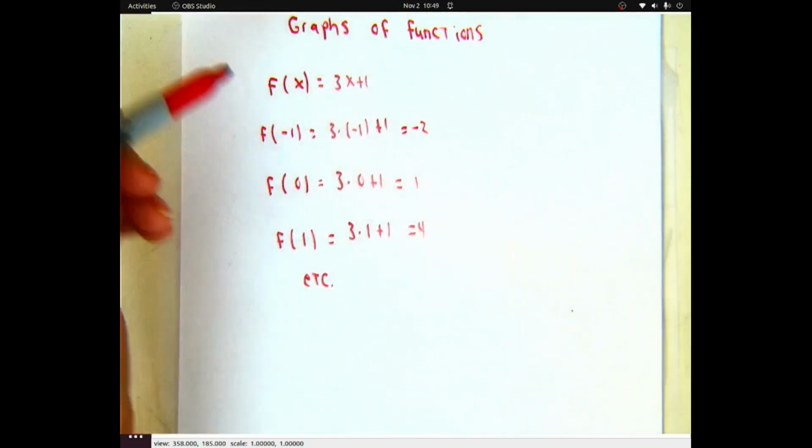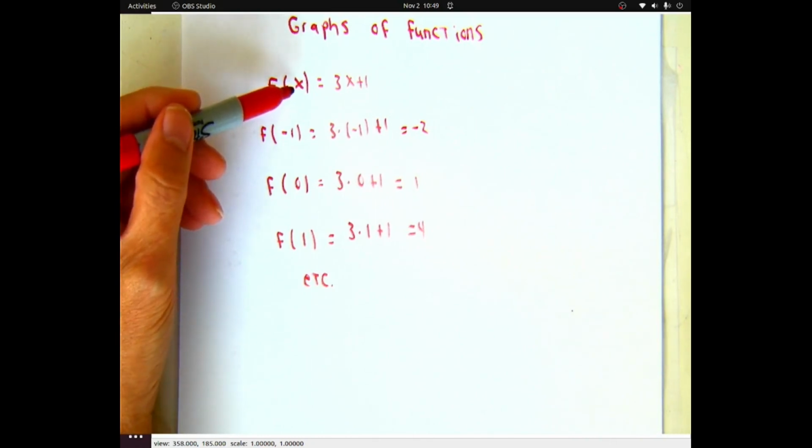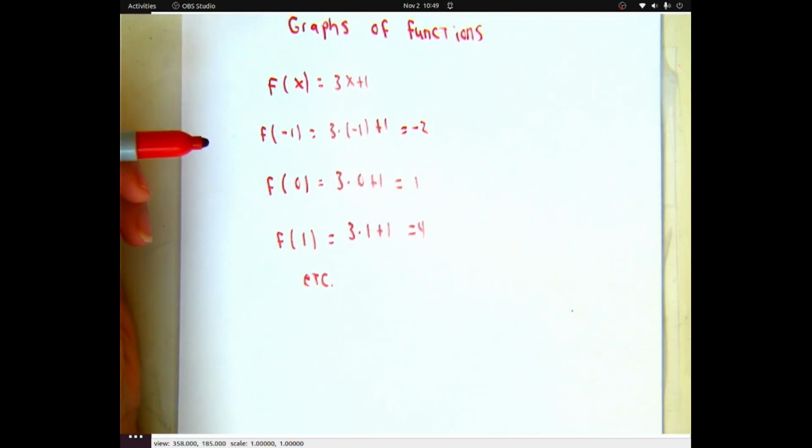When we write something like f of x equals 3x plus 1, this is a description of how we do the f procedure to some number, which we are temporarily calling x here. This says take whatever number was given to you, triple it, then add 1.